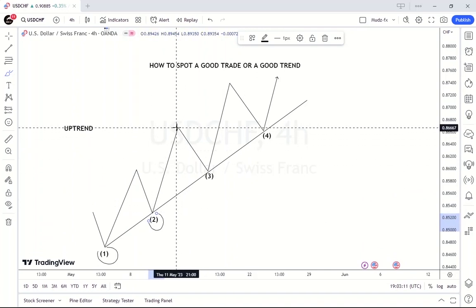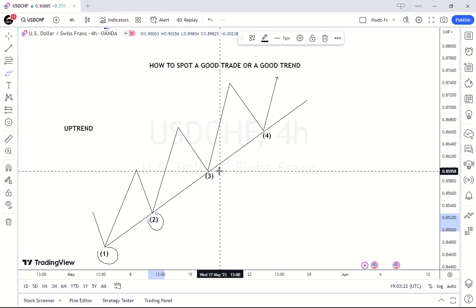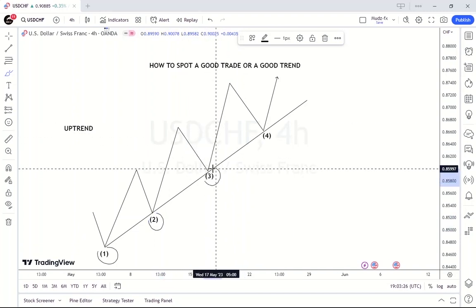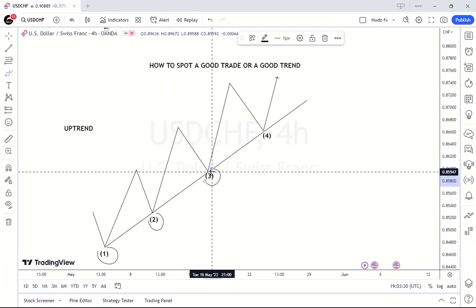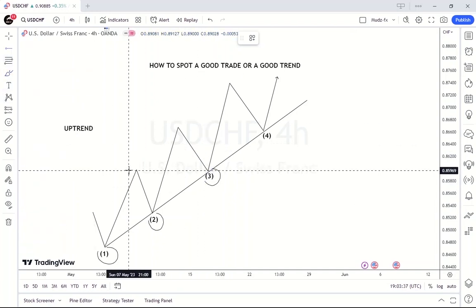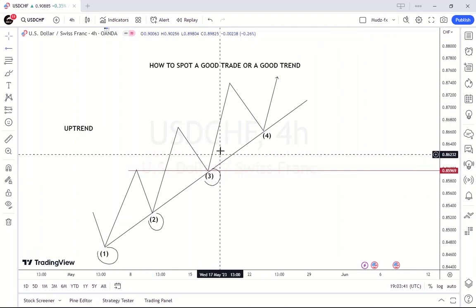After it makes a higher high, we have to wait for it to go down as a correction, as a corrective wave. So on number three, that's where you decide what to do if it doesn't break the trend line.